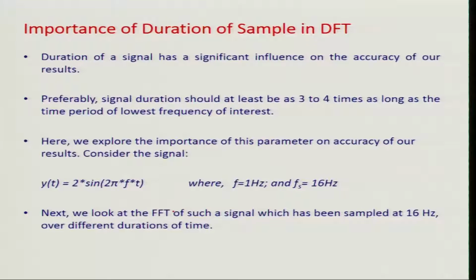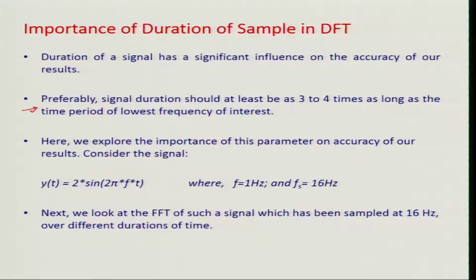So, the importance of the duration of a sample in DFT. If the duration is longer, then in general our results become more and more accurate, and we will show that. One important criterion is this: suppose you have a signal whose lowest frequency has time period T. For example, you may have a signal with 100 hertz, 200 hertz, 400 hertz, 700 hertz.